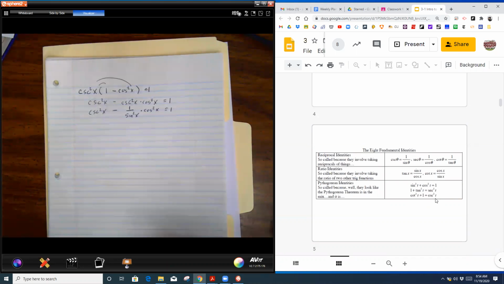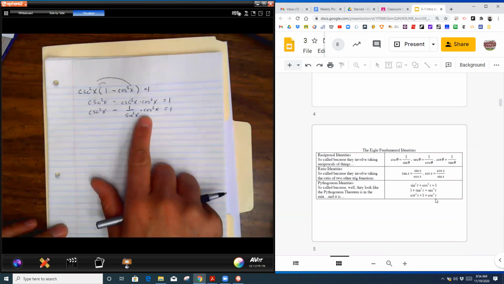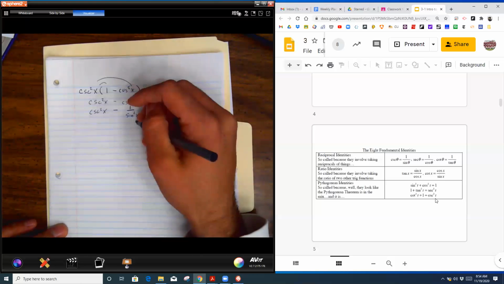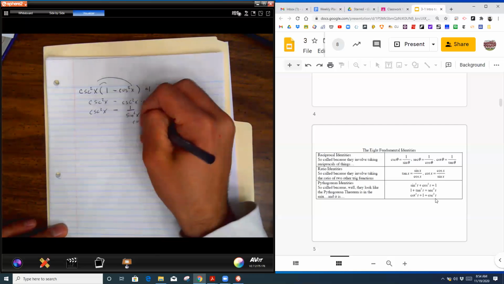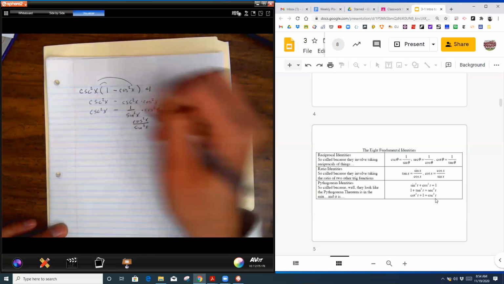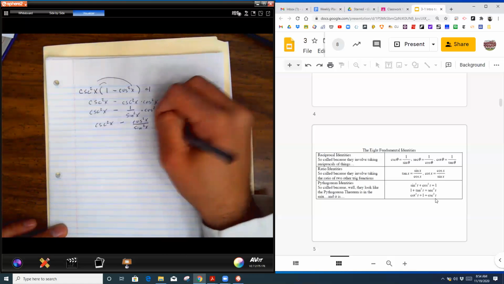So since we already have cosecant, if we could show that this is cotangent squared, then we could use that third Pythagorean identity. And this is cotangent squared because this part here would be cosine squared over sine squared. So cosecant squared of x minus cosine squared over sine squared equals 1.